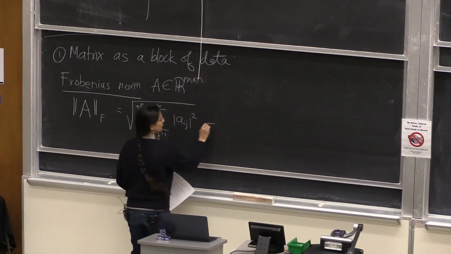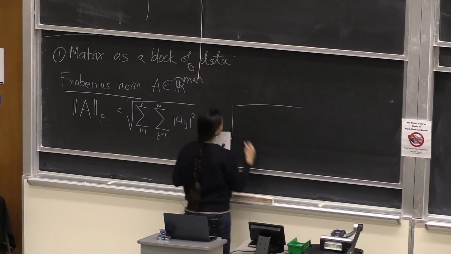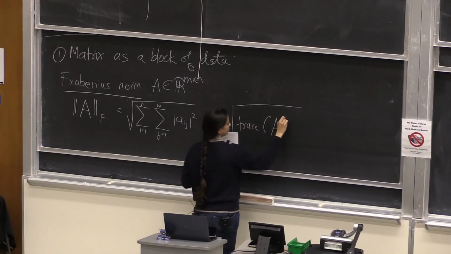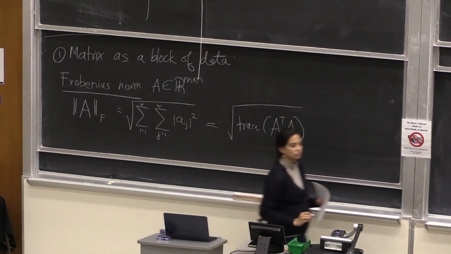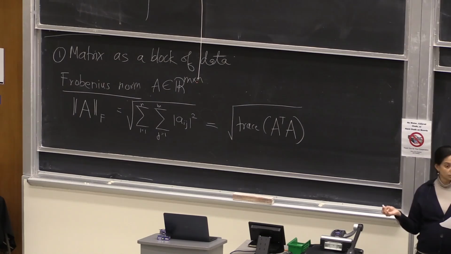There's actually a much easier way to compute the Frobenius norm, and this is the way that it is often computed. It is the trace of A transpose A. The trace, just as a reminder, is the sum of the entries along the diagonal of a matrix.